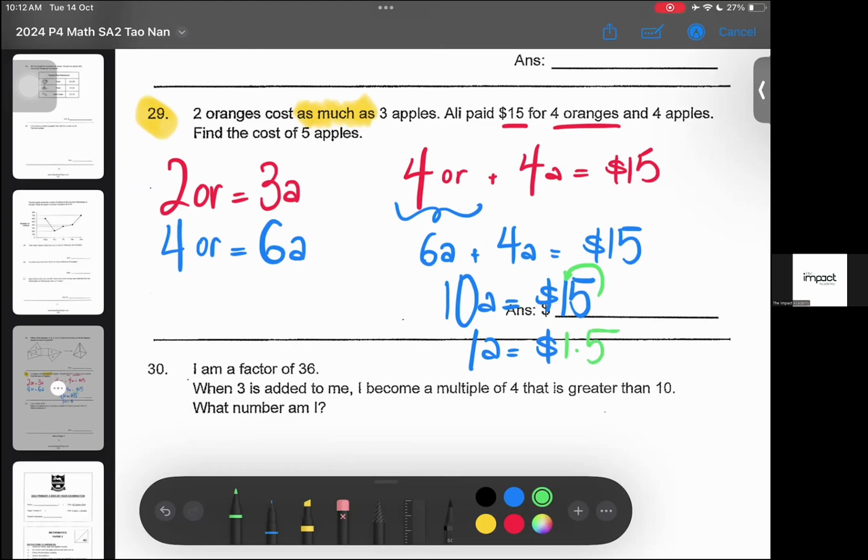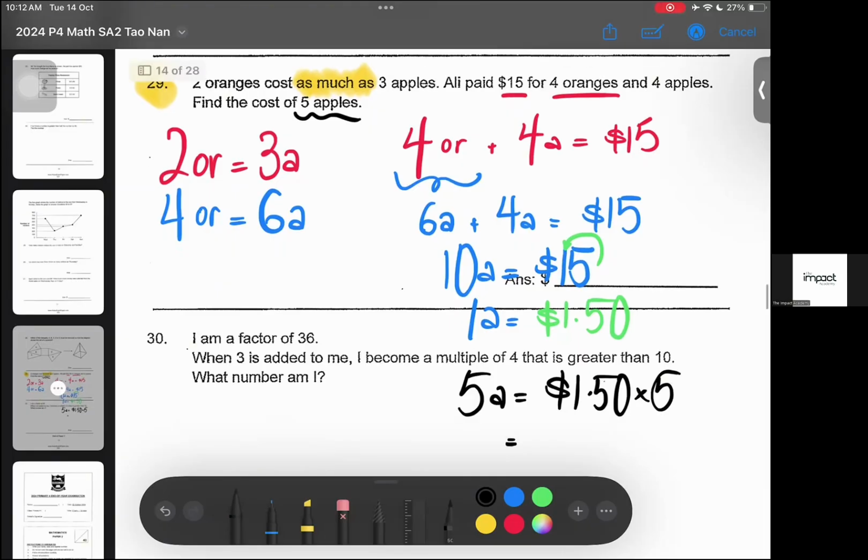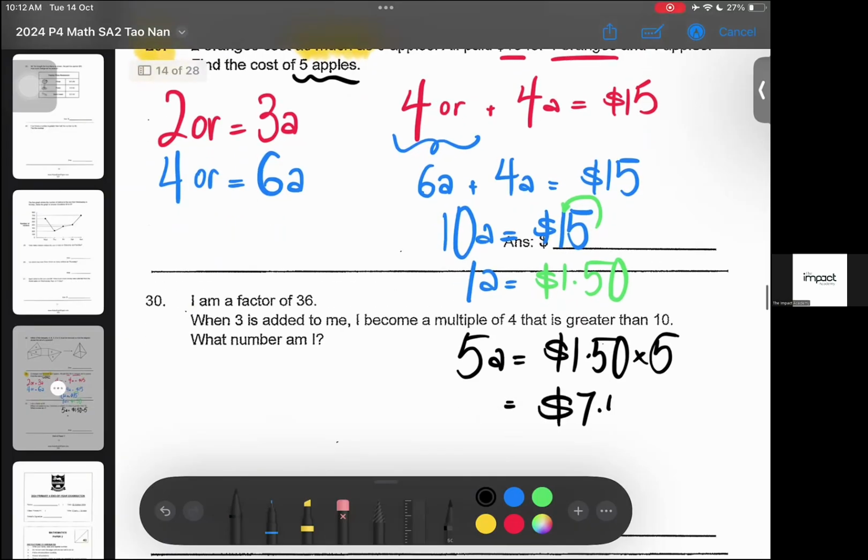That is $1.50. Does it make sense to you? The question say, find the cost of 5 apples. 5 apples. So $1.50 times 5. When you do that, all right, you can see $1.50 times 5, you get to an answer of $7.50, and that's your answer for this question.